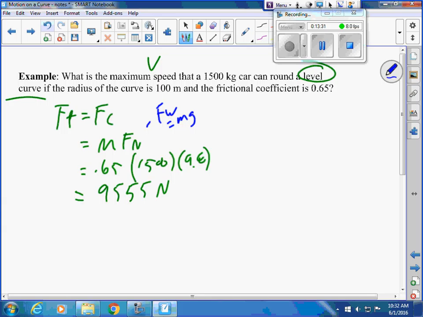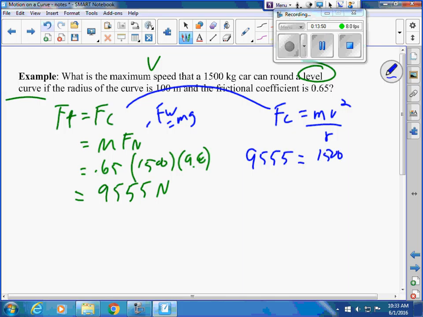Okay, so this friction force has to be equal to the Fc, which is mv squared over r. Right? So if I need 95.55 newtons of force, and I have a 1,500 kilogram car, what velocity can I use on my curve that has a radius of 100? Start flipping stuff around.